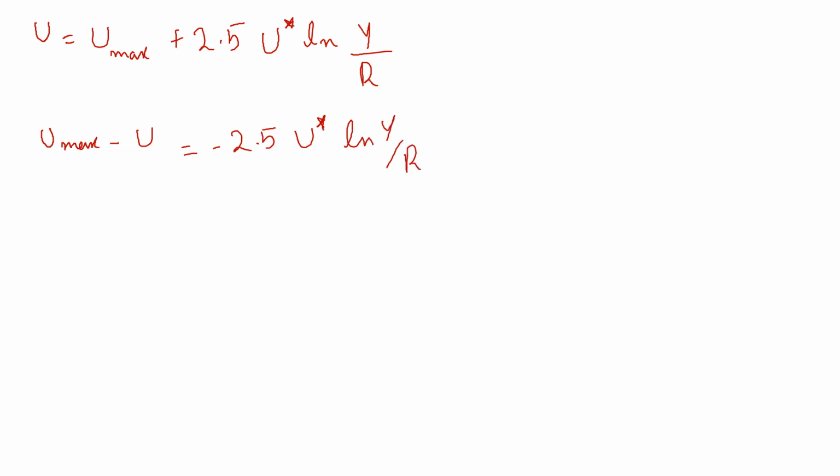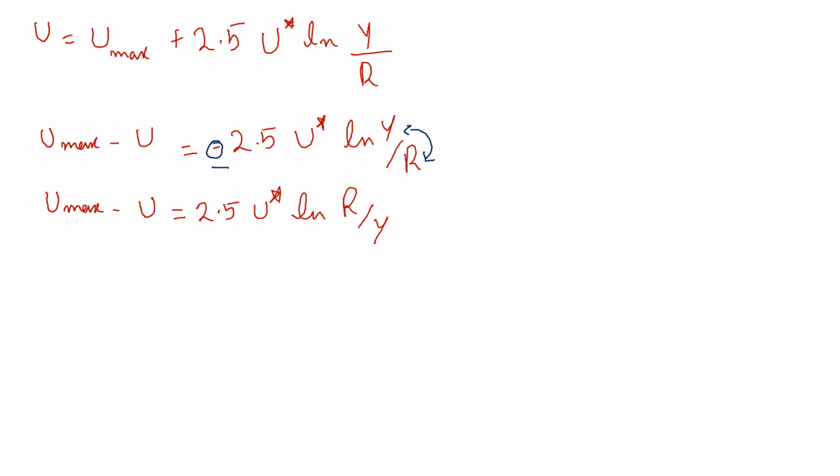And to take this negative sign out, we can flip these two ratios, and this minus sign will be cancelled out. So we will end up with u maximum minus u is equal to 2.5 u star natural log of r over y.